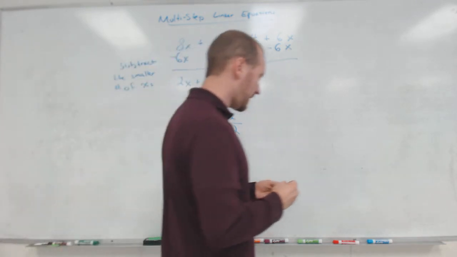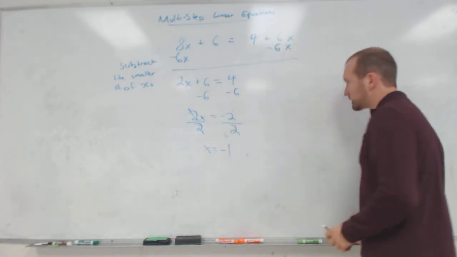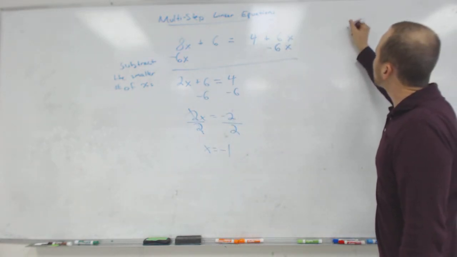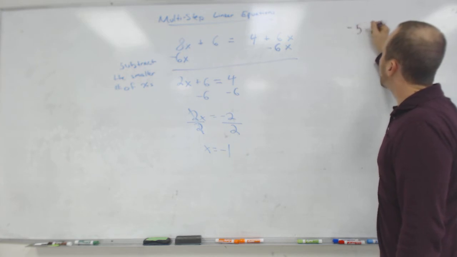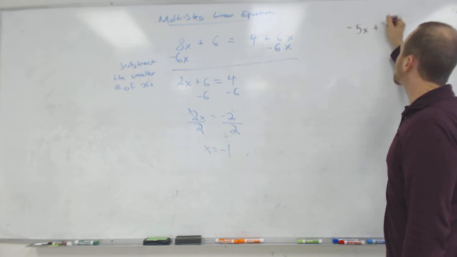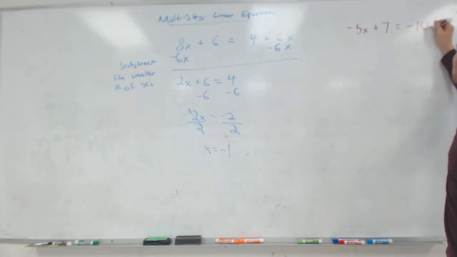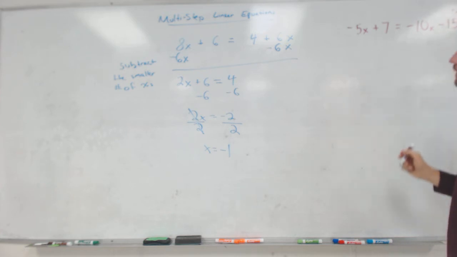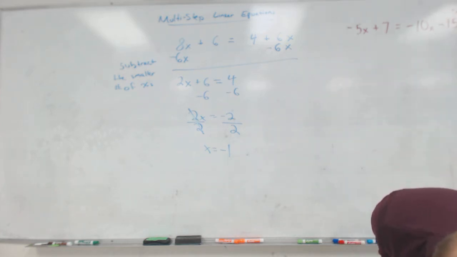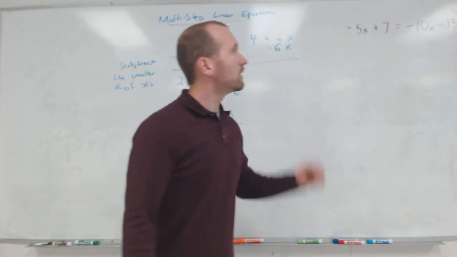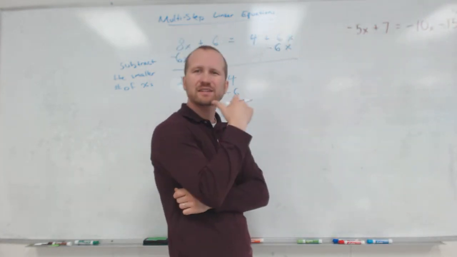But sometimes it's not obvious. Like we saw a couple of examples of this yesterday where the smaller number of x's might not be so obvious. What's the smaller number of x's in that problem?